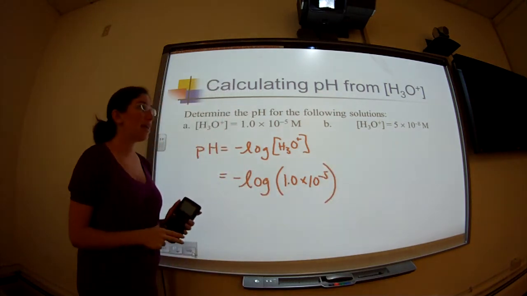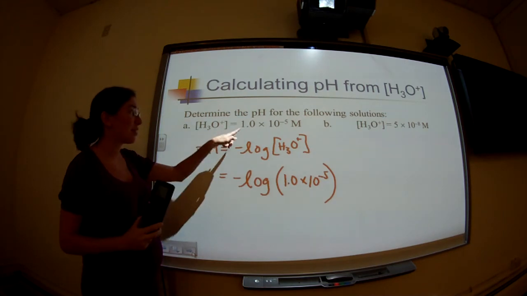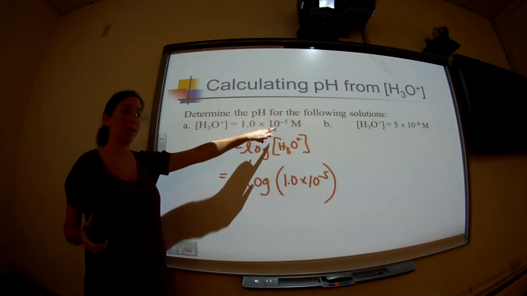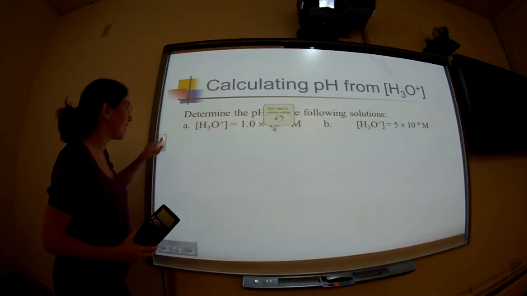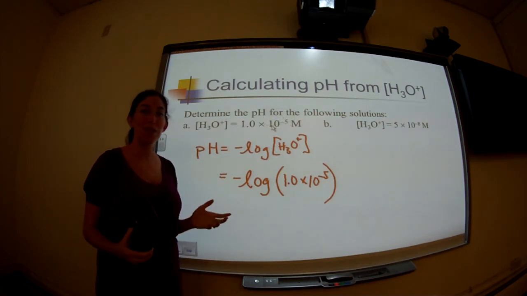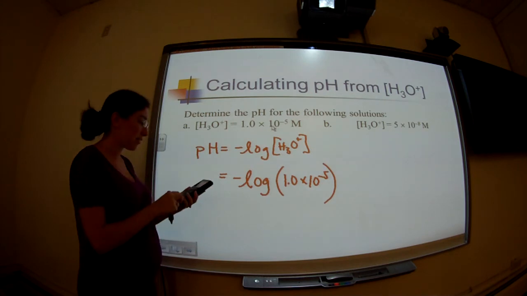And some of you may have already done this in your head and figured out that the negative log of that, from our little mental math practice before, is going to be a pH of 5. Alright, but let's practice it on our calculator, especially knowing what the answer is. Let's make sure we can all get that answer, okay?